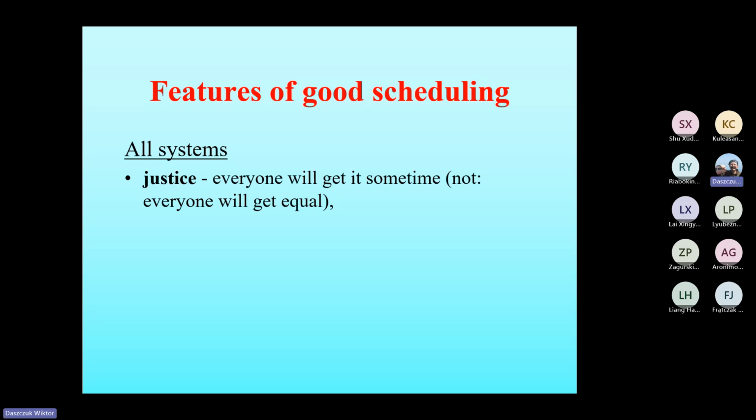We need not come to details, but justice says that if the system is schedulable, every process will eventually get the resource. No process will be postponed forever.